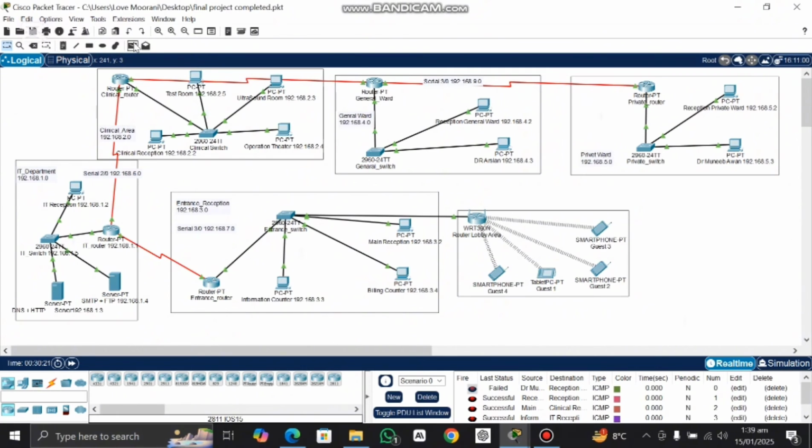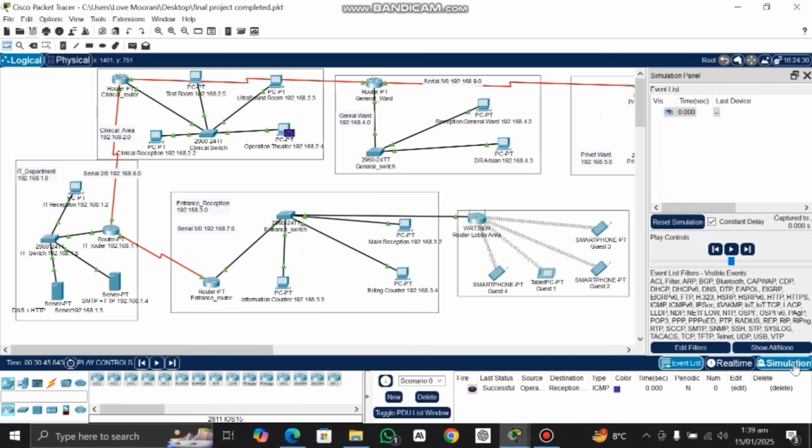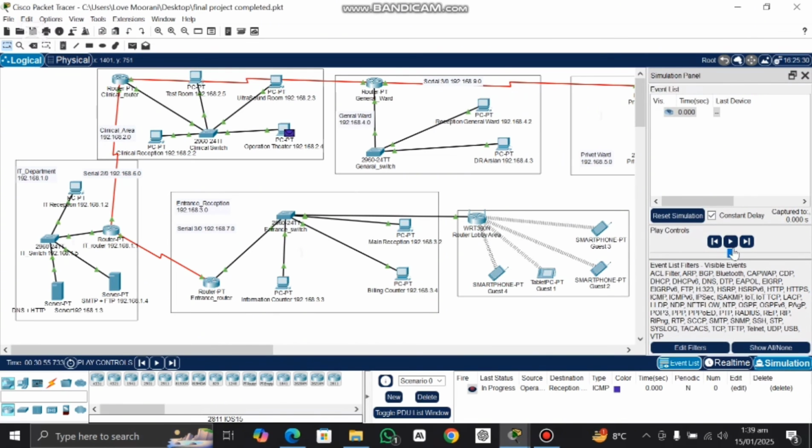Now these data transfers between the different types of, for example, now we will simulate all of these. So it is successful.